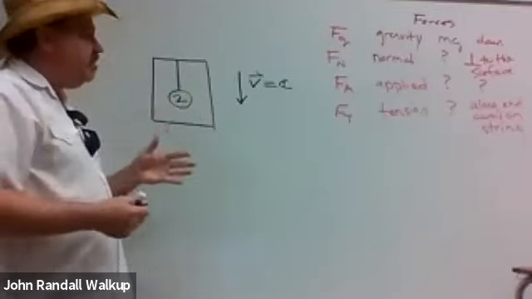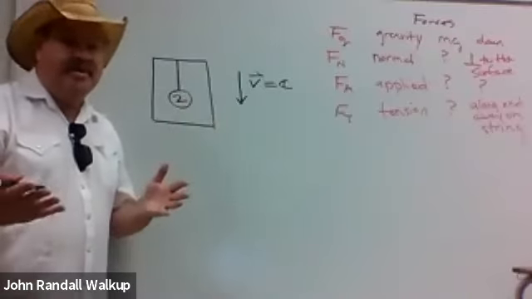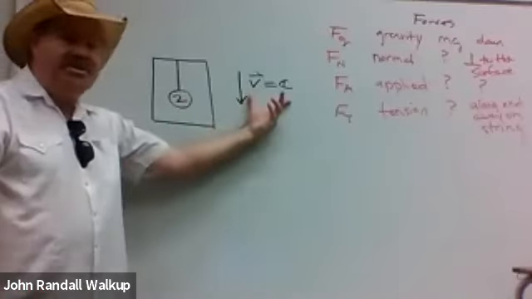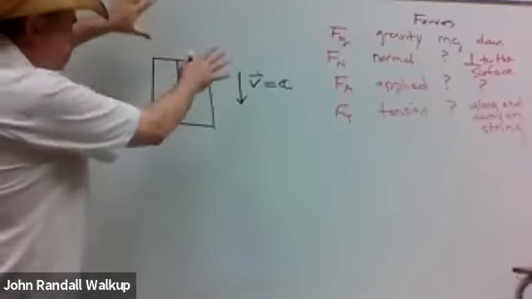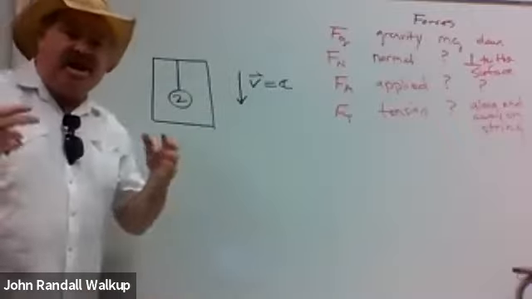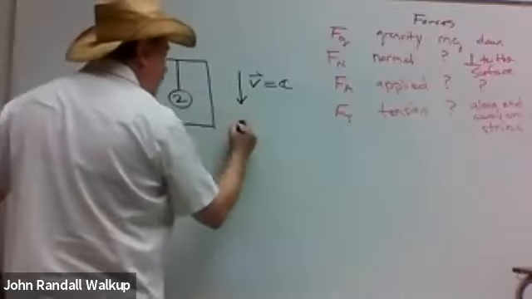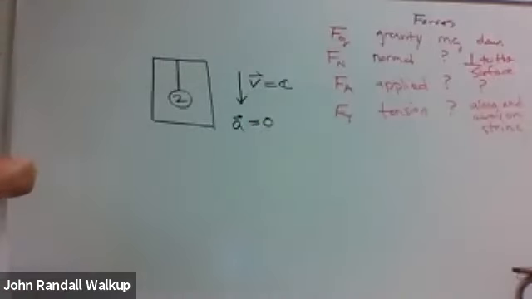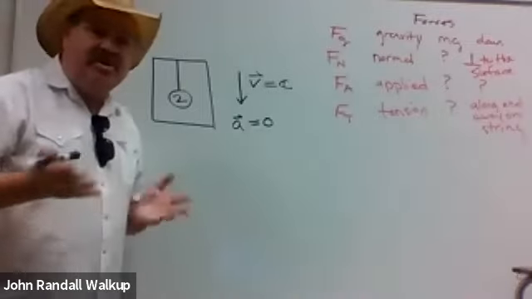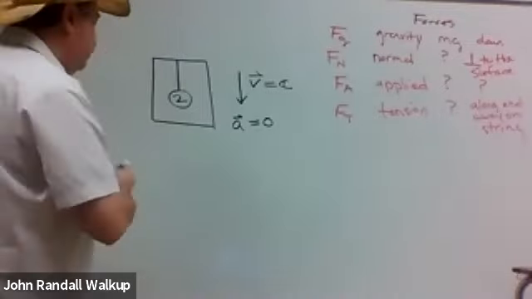Well, first of all, do we know the acceleration? And the answer is yes, we already know it. The acceleration is 0. This whole system is moving down at a constant velocity. There is no acceleration. A is 0. Therefore, we can apply Newton's second law now to find our unknown force.